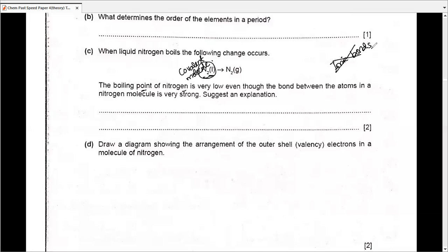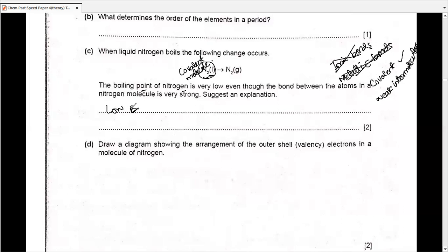When it comes to metallic substances, we break the metallic bonds to melt or boil them. But when it's a covalent molecule, we do not break the covalent bonds. They stay intact. What do we overcome? We overcome the weak intermolecular forces among their molecules. That's what you need to mention over here.